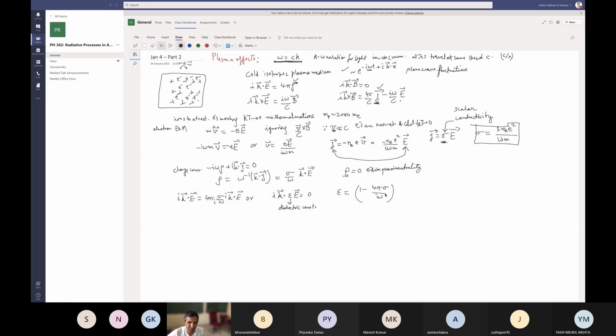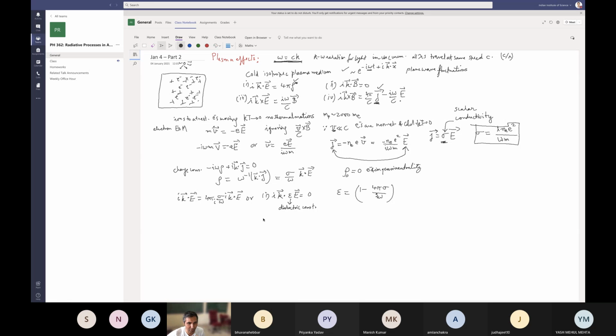So just by comparing, this is your plasma dielectric constant, and you see there is an imaginary sign here. So this is the first equation that we had there. Of course, the second equation remains the same. The third equation also remains the same because we don't have source terms. The fourth equation has a source term of J that we need to include.